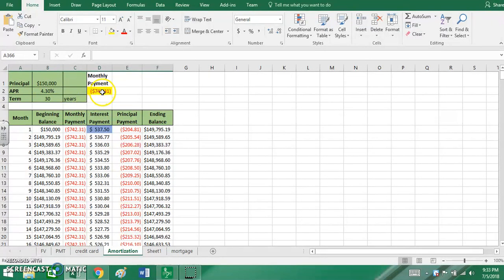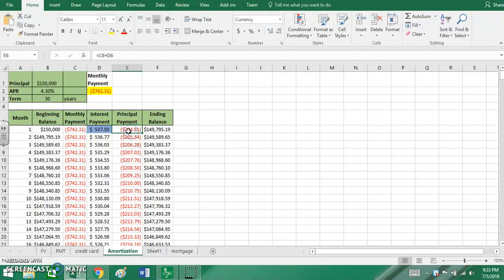My monthly payment, I use the PMT formula to calculate my monthly payment. My monthly payment is going to be $742.31. So notice the first month, the interest, I'm calculating the interest by taking the $150,000 and multiplying it by 4.3% and dividing that by 12 because it's a monthly payment.